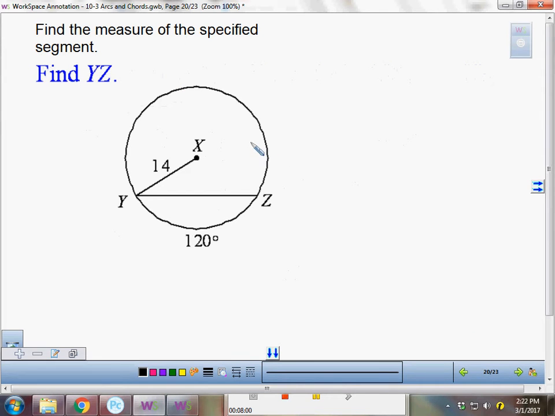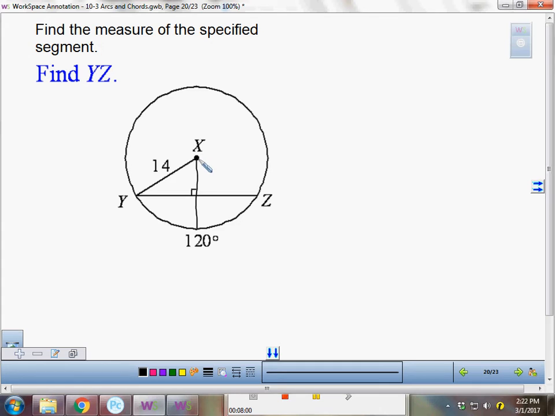All right, we're supposed to find YZ. So I know that my radius is 14, and I can draw a line all the way out here, and I know that it's 14, and say, okay, it's perpendicular. And they tell me that this is 120, right?